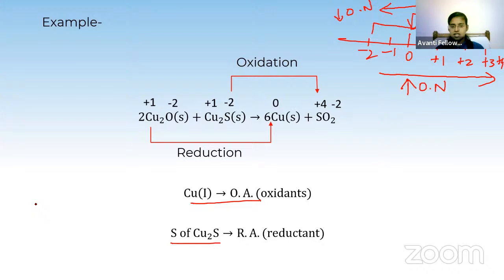Can you all understand? So sulfur is reducing the oxidation state of copper. This is the reagent which decreases the oxidation number of the element in the substance. Okay. Clear? Can you all understand the oxidizing agent and reducing agent topic?